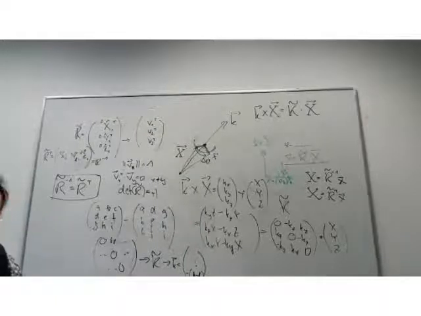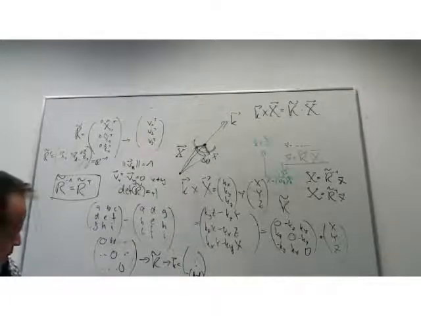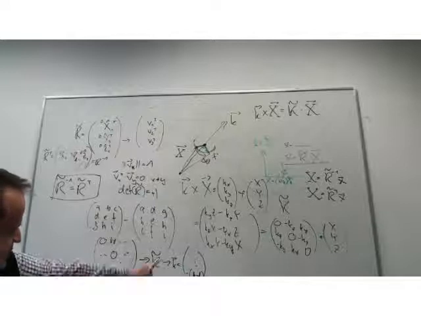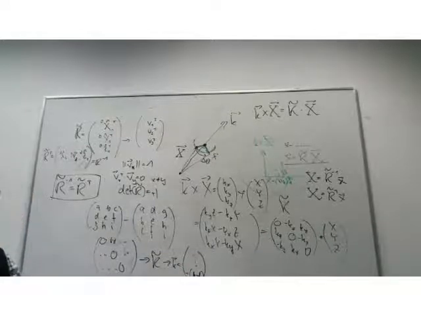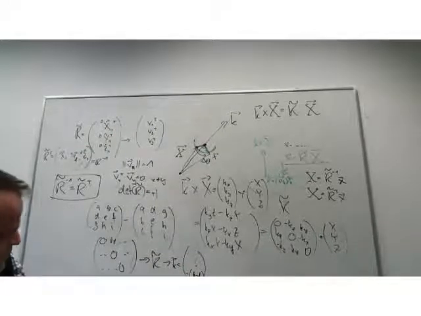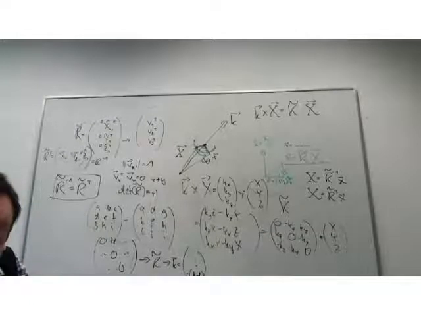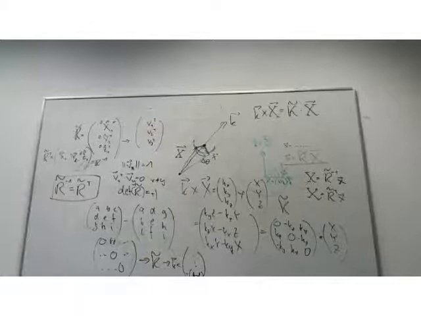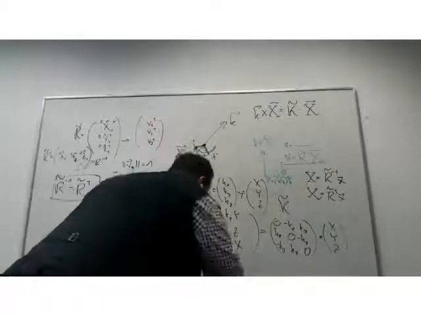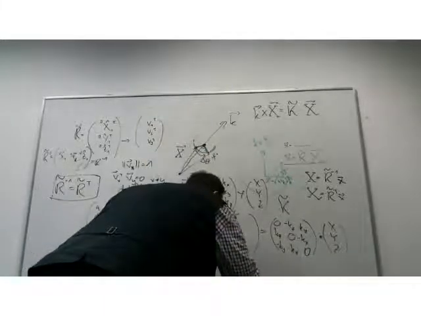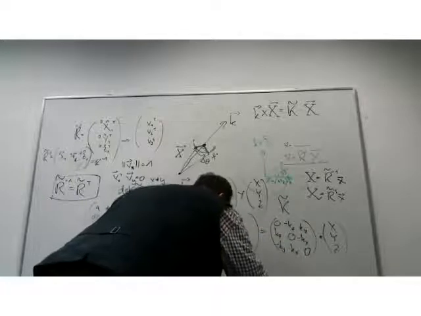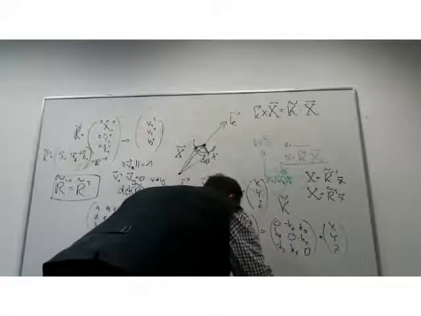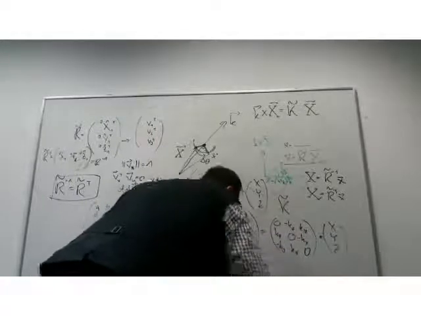The problem is that this vector is not a unit vector. So if I normalize it, the norm will be equal to 2 times something. So this is a K prime. If I normalize K prime, this will be equal to 2 sine theta.